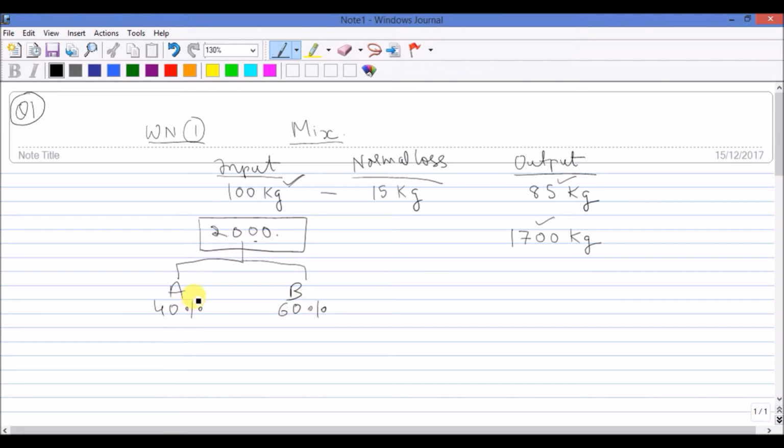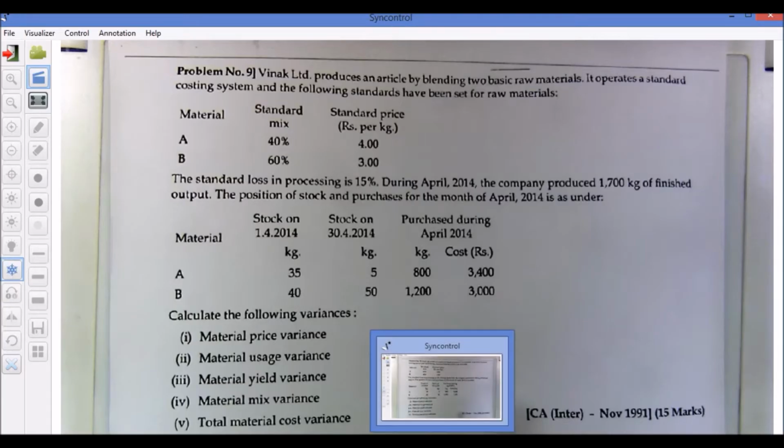So 2000 into 40% is 800 kg, and the remaining would be 1200 kg. This is our standard mix. So we have done with working note 1. We have found out the standard mix. Now I have to read further.